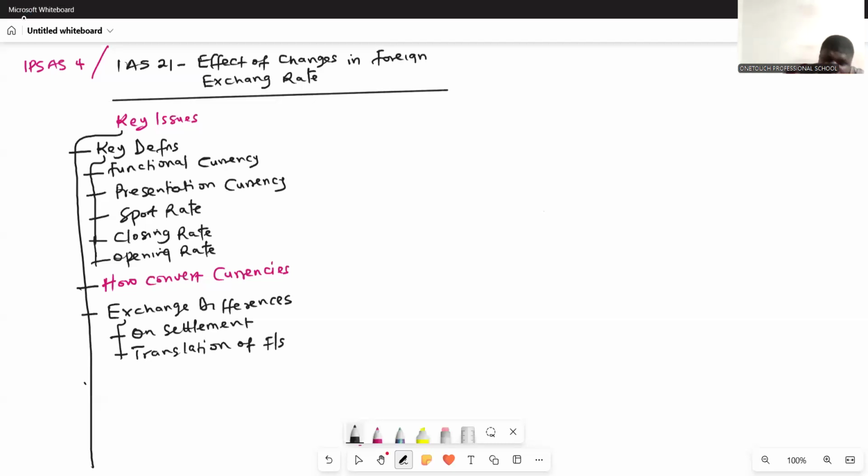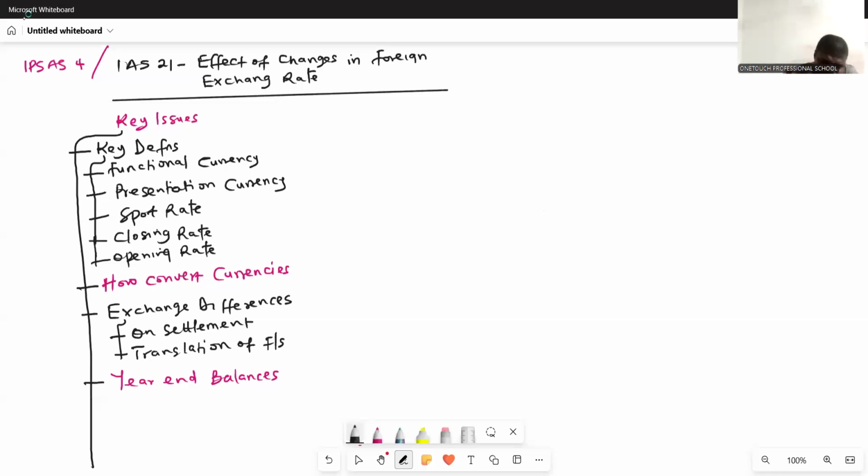And finally, we look at exchange differences on year-end balances.